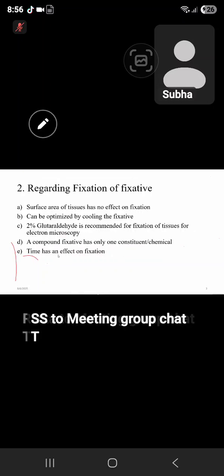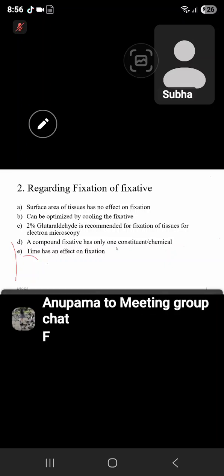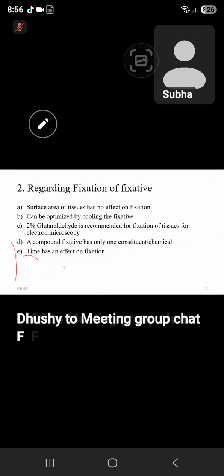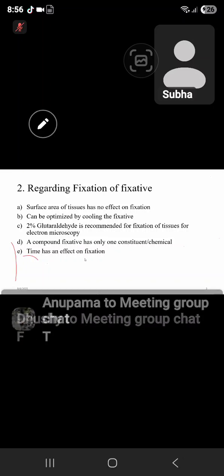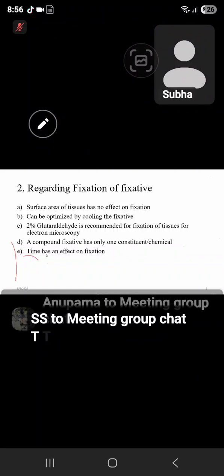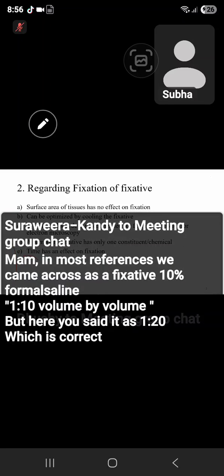A compound fixative has only one constituent or chemical. True or false? False. Time has an effect on fixation. True. That means time is one factor for fixation.